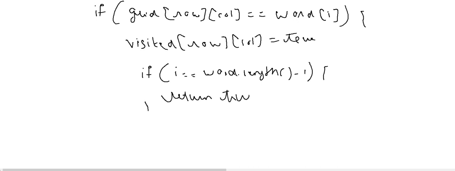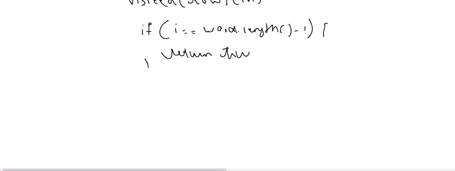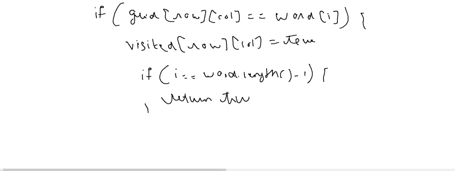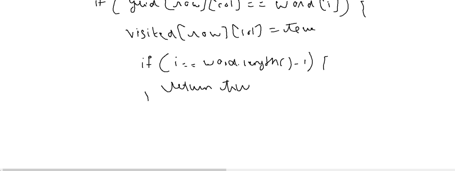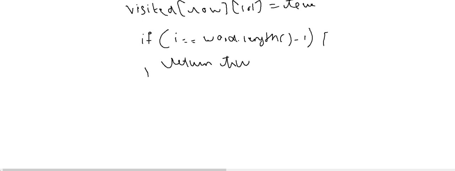Okay, now if that is some middle character or the first character, the first character has been matched. Now we need to look at all the neighbors of that character in the grid. So each cell has 4 neighbors.